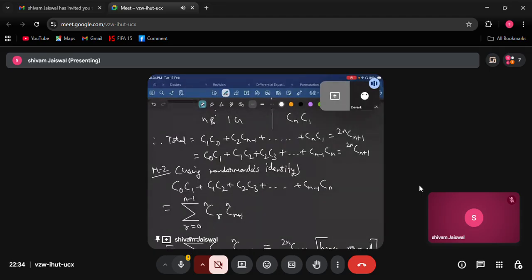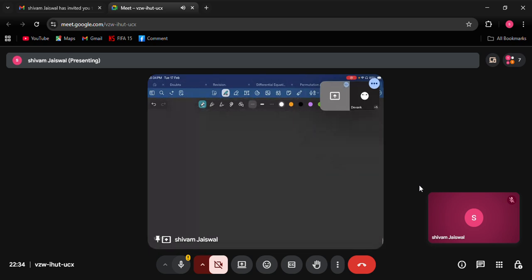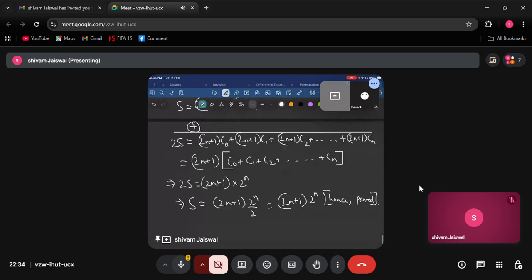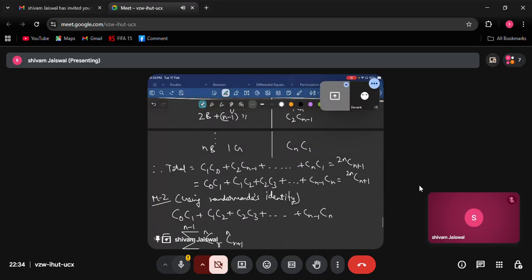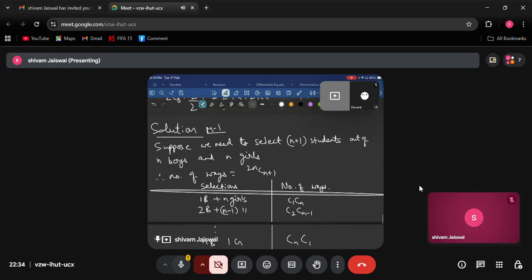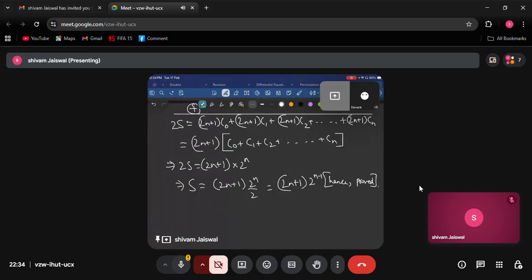Yes, Shomita, did you understand this method also? Yes, sir. Okay. This is what we needed to prove, or something else? Sir, it was n plus 1, but why am I getting 2n plus 1? When I used my method I got n plus 1. Wait.